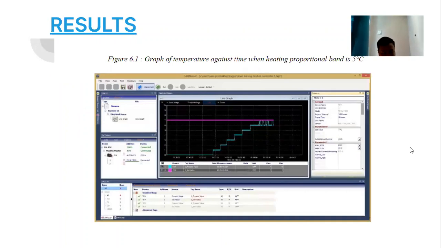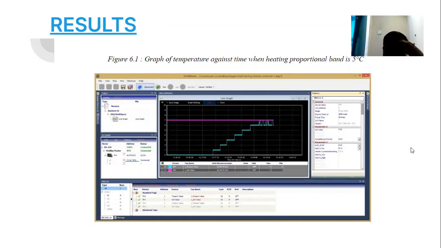For this figure, it shows the graph of temperature against time when the heating proportional band is 5. As you can see, at the beginning of the experiment there were no temperature changes until the experiment had run for about 1 minute and 30 seconds.